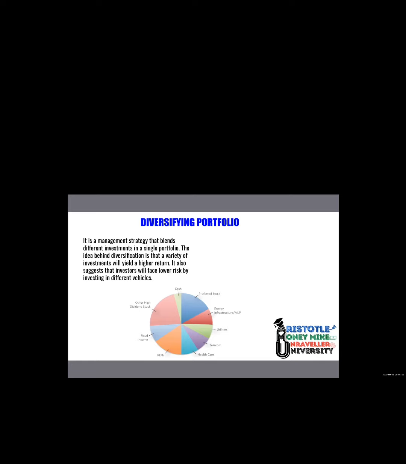So basically in this little graph right here, it's just showing that they don't have a lot of cash. Most of their money is in things. It's diversifying your portfolio. Honestly, this looks kind of like my portfolio in real life, except with all this healthcare and stuff like that. But I do have lots of money in dividends.